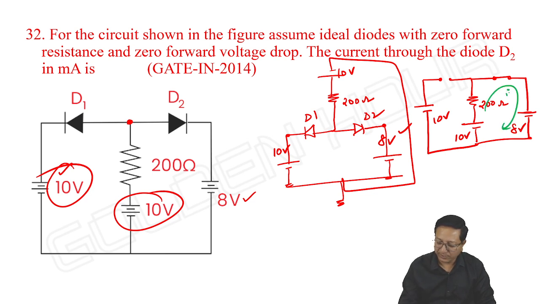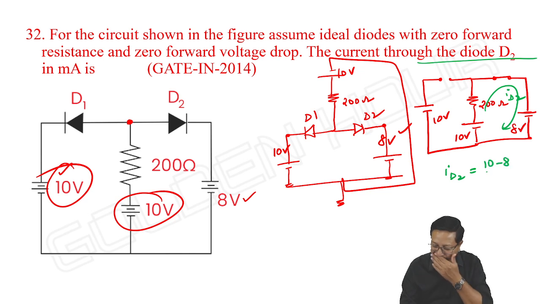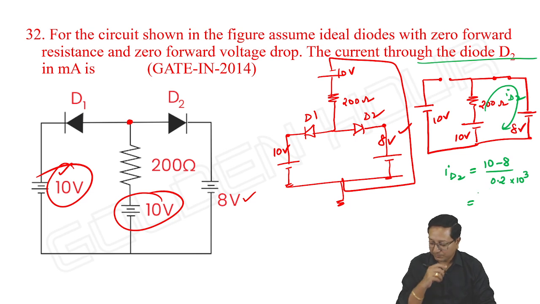This current is ID2. They are asking the current through D2. So ID2 is equal to (10 minus 8) by 200 ohms, or 0.2 kilo-ohms. So how much do we get? Sorry, 10 minus 8 is 2, so it's 10 milliampere.